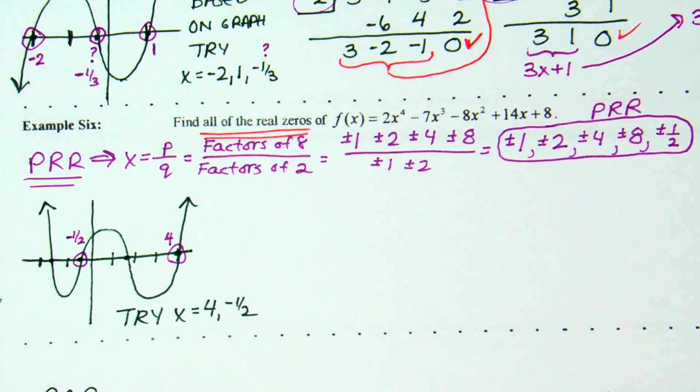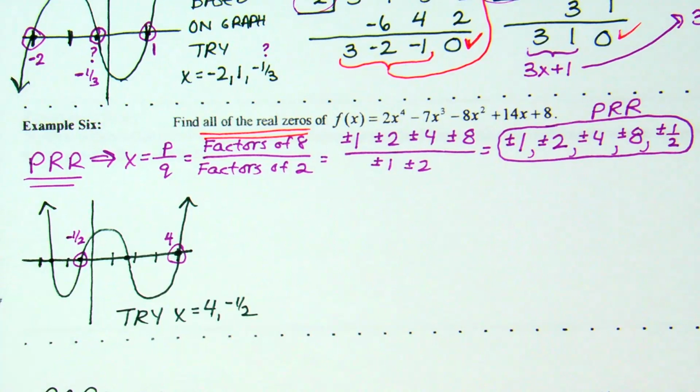Okay, so I'm going to try 4. Putting my numbers in, 2, negative 7, negative 8, 14, and 8. Drop the 2. 4 times 2 is 8. Negative 7 plus 8, 1. 4 times 1 is 4.